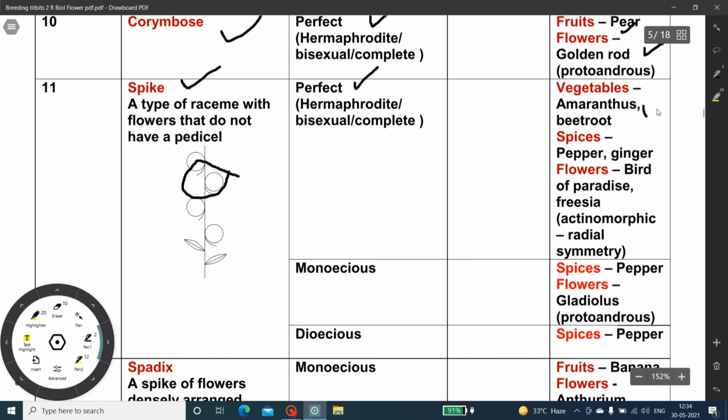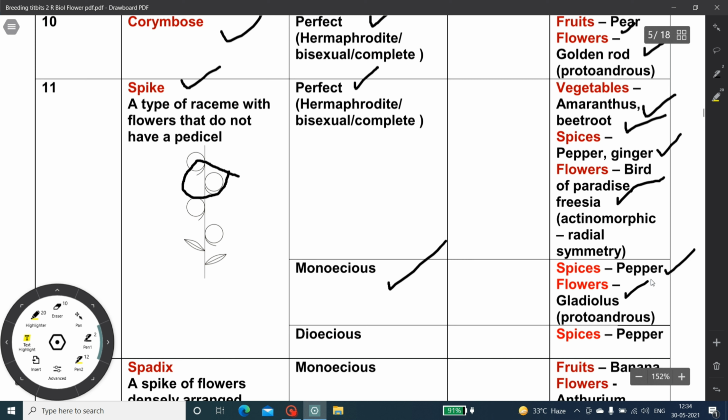Amaranthus and beetroot vegetables, spices like pepper and ginger, flowers like bird of paradise and freesia, where actinomorphic flowers are present, which is nothing but radial symmetry arrangement. Spike also has monoecious types. The best example is pepper.